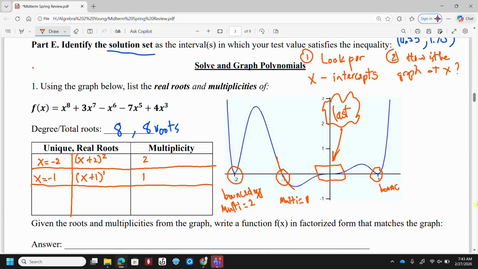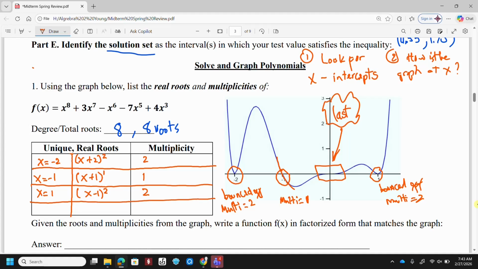It bounces off, so the multiplicity is 2. For the factor, we write x minus 1, and the multiplicity is 2, so we put 2 right here. Whatever the multiplicity is, that is the exponent. So we got that.